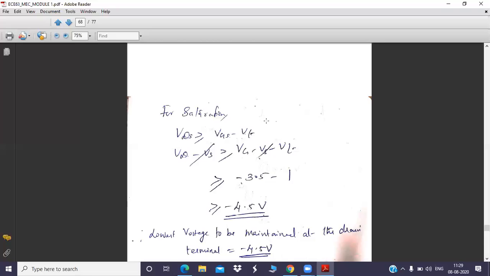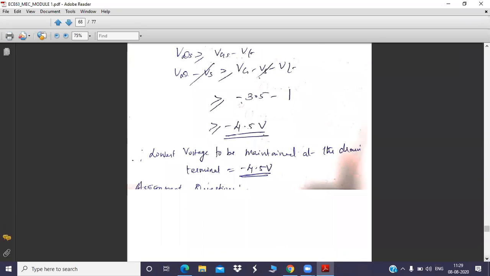Now you can see VS is common on both sides, so you can cancel it from LHS and RHS. Substitute VG and VT. VG you have already found in the previous section, that is minus 3.5. Threshold voltage is given as 1 volt. So the answer will be negative 4.5. So at least you should maintain negative 4.5.